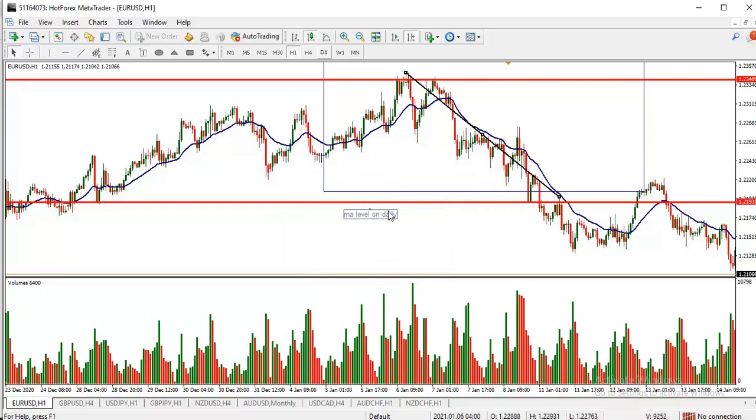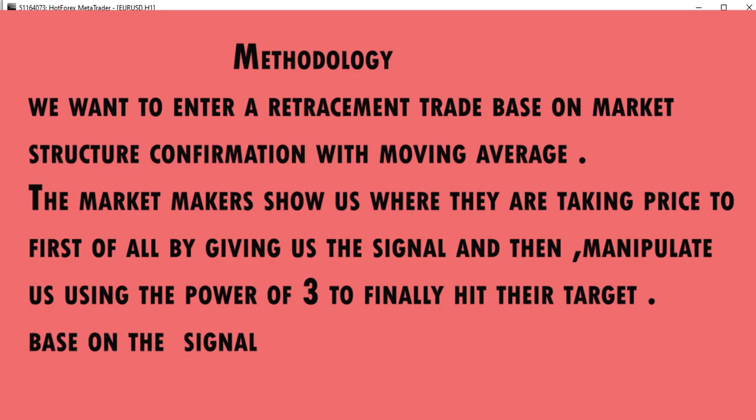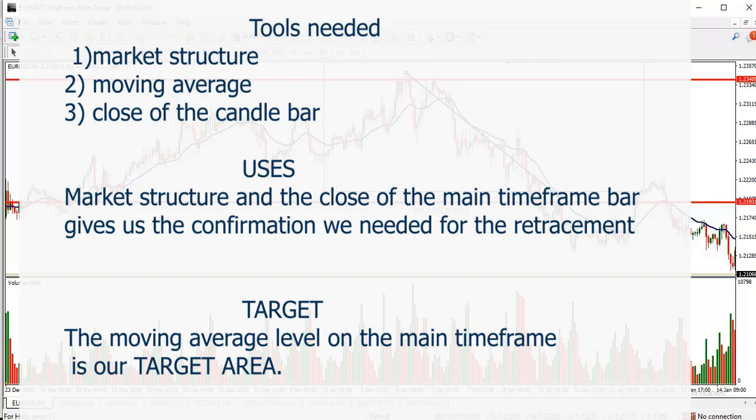Now, what is the methodology and the schematic behind this strategy? We want to enter a retracement trade based on market structure and moving average. We make use of the moving average for the target from the main time frame. At the main time frame, your target is the moving average.